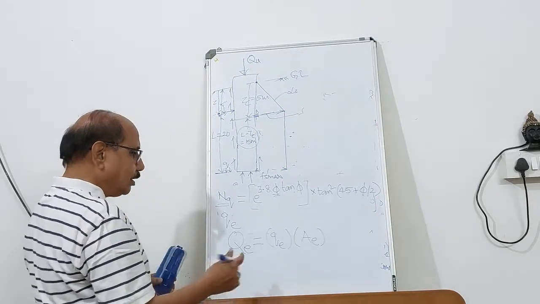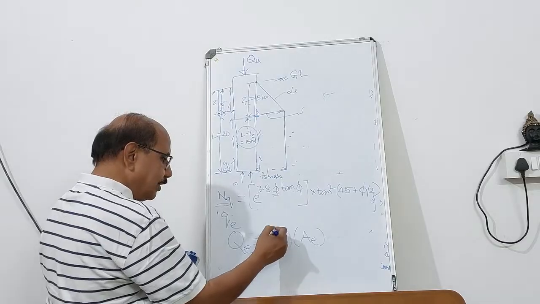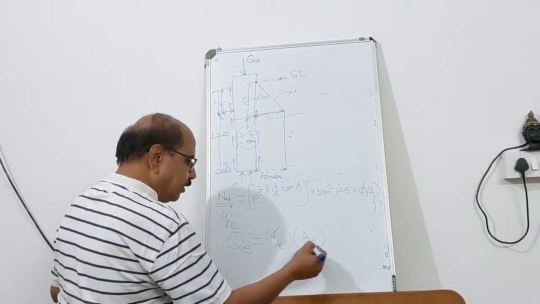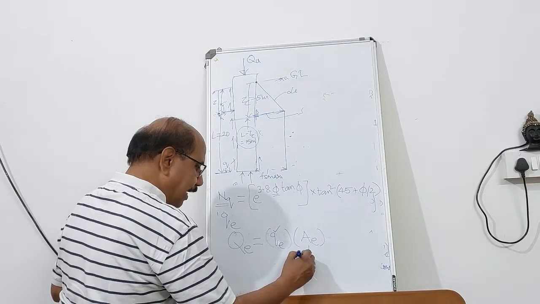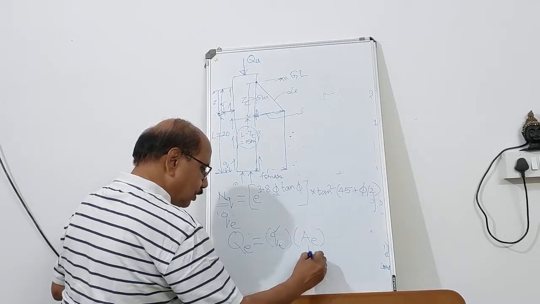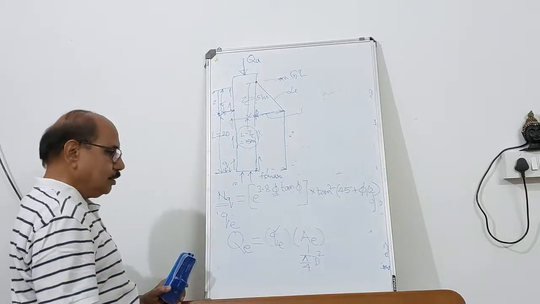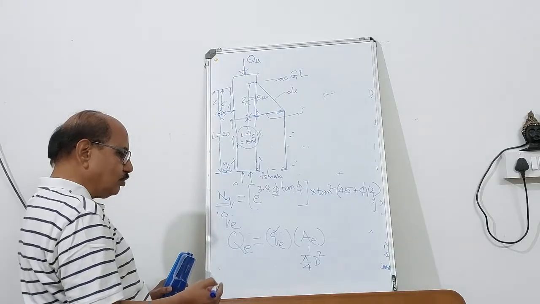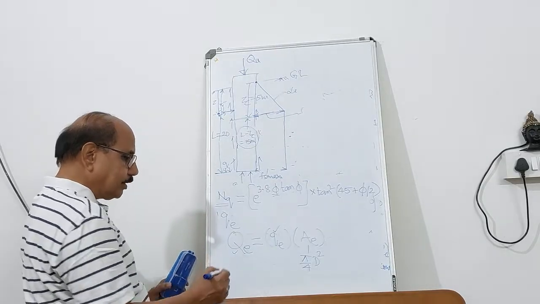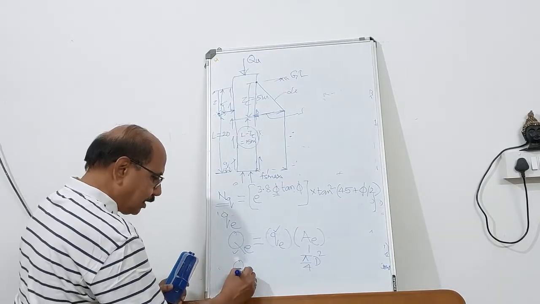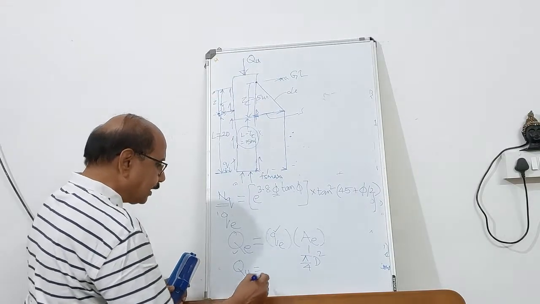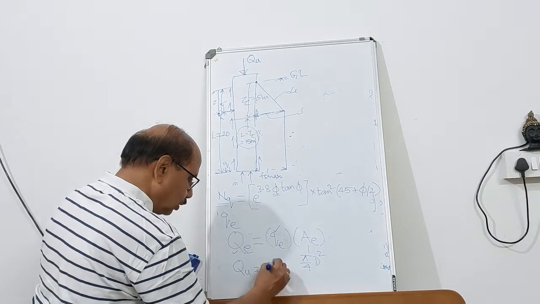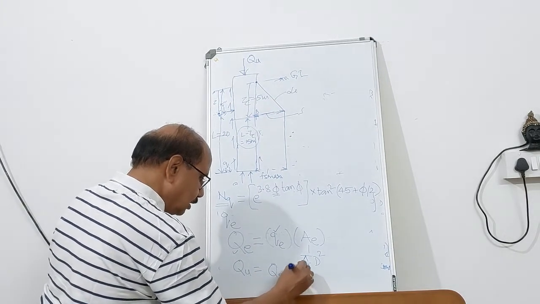So you already know QE, and this will be, if it is a circular cross section, pi by 4 d square. So from geometry you can find this out. Hence you can calculate this, and therefore the ultimate load carrying capacity can be calculated as QS plus QE.